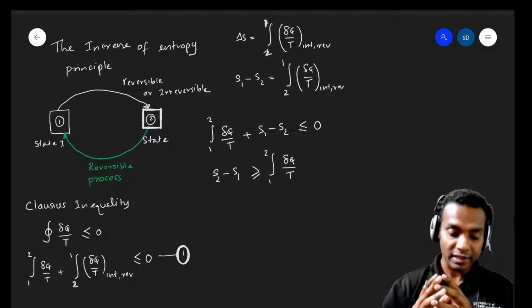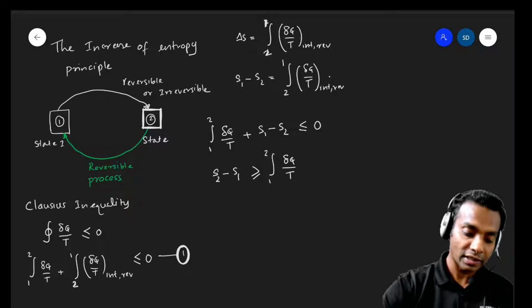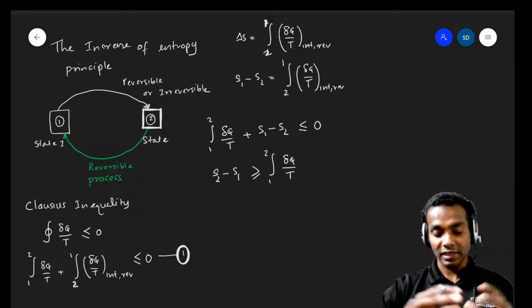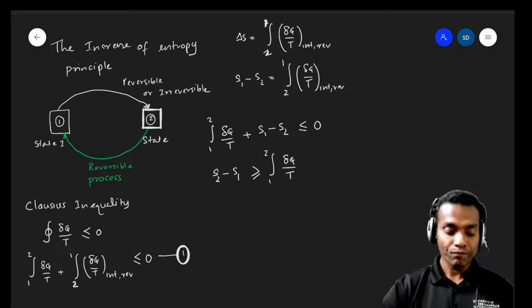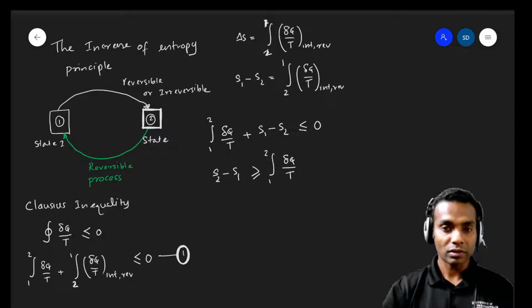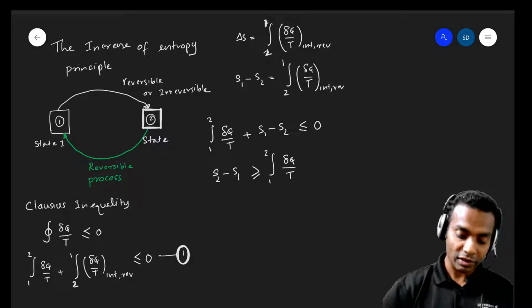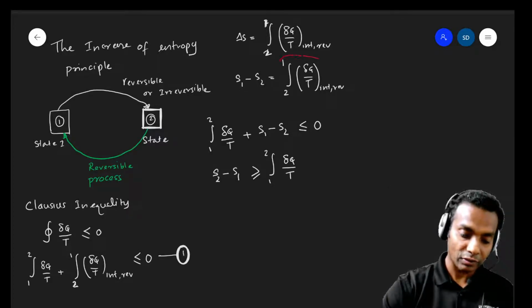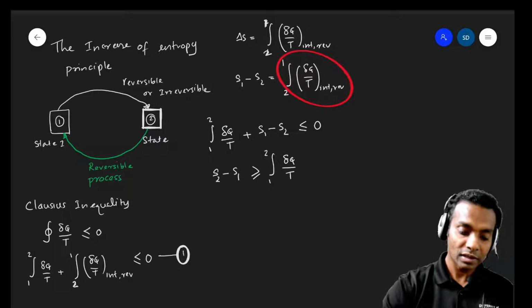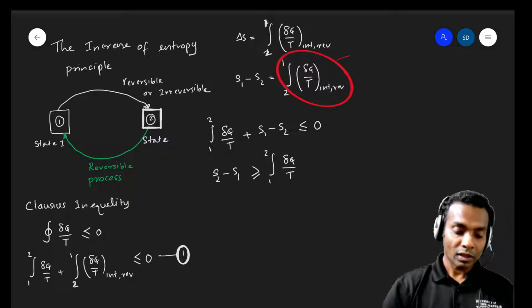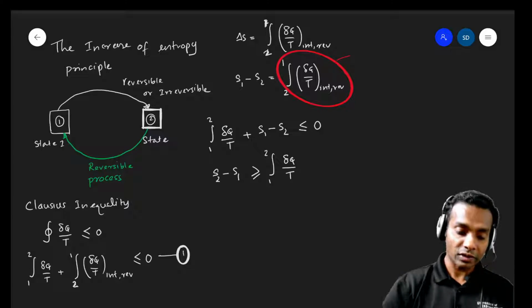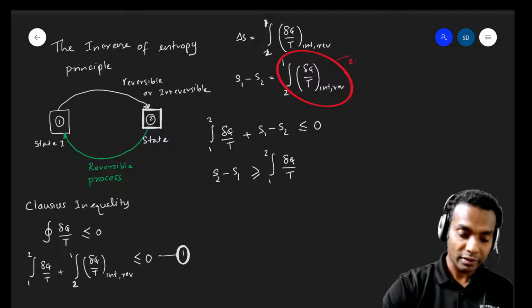Now what we can see is, initially we know that for an internally reversible process, the entropy change during the process is equal to this quantity. Actually this quantity, the integral 1 to 2 of delta Q over T, represents the entropy transfer due to heat.